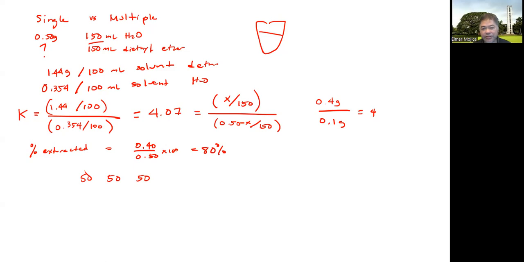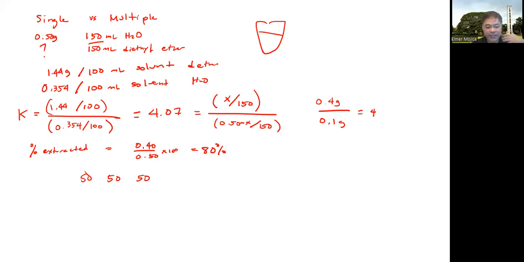The first extraction is similar to the single extraction. In the second extraction, the aqueous layer from the first extraction is returned to the separatory funnel with the goal of extracting additional compound.